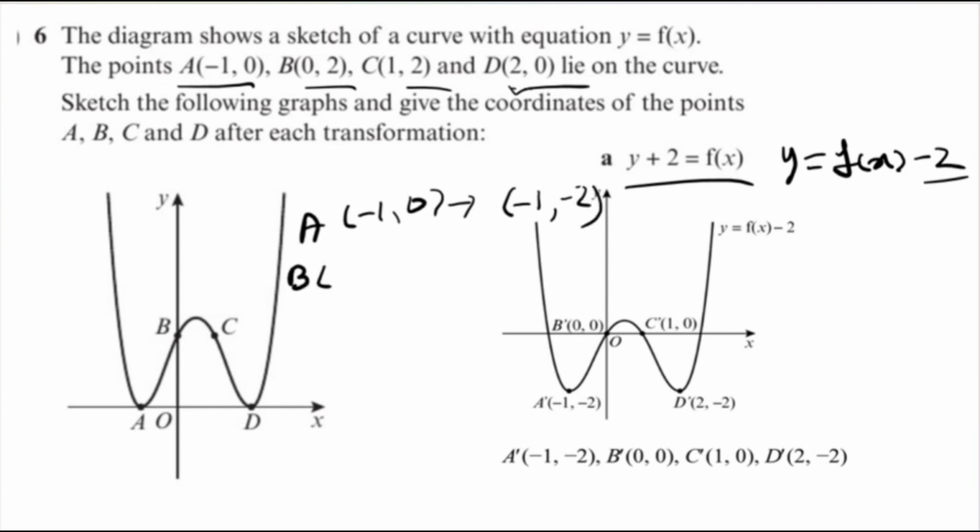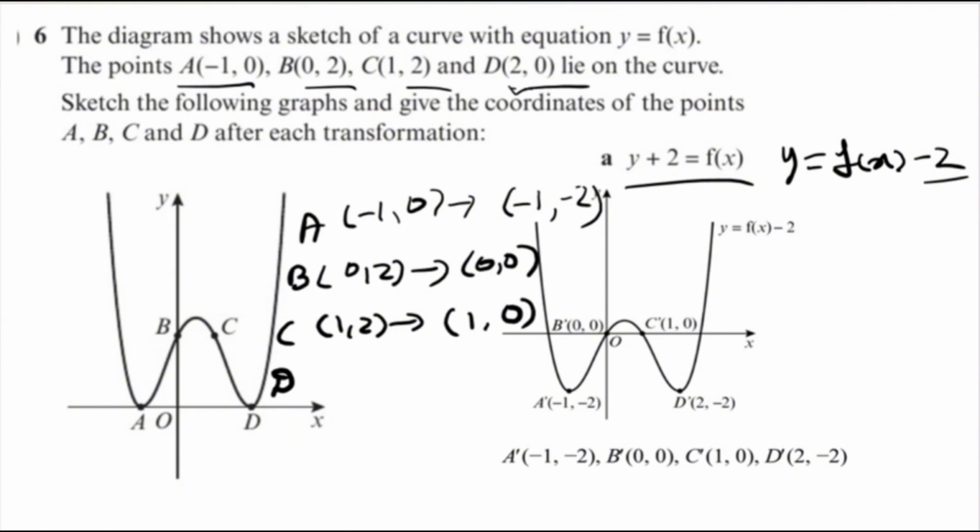My B coordinate, which is (0, 2), becomes (0, 0) because 2 minus 2. Our C coordinate, which is (1, 2), becomes (1, 0), and the D coordinate, which is (2, 0), becomes (2, -2).